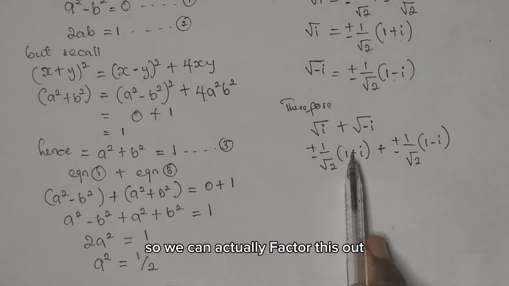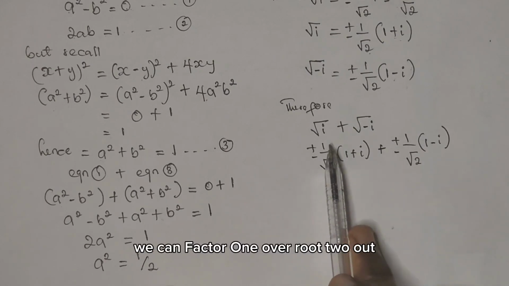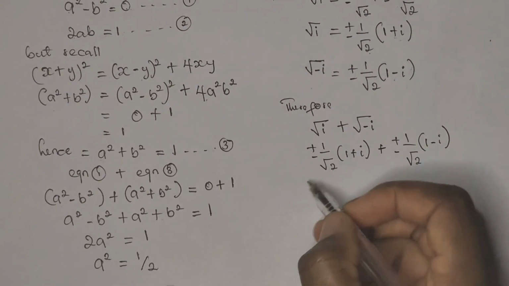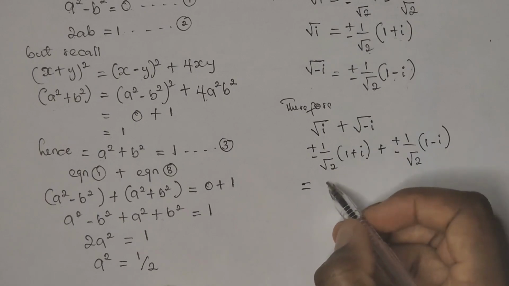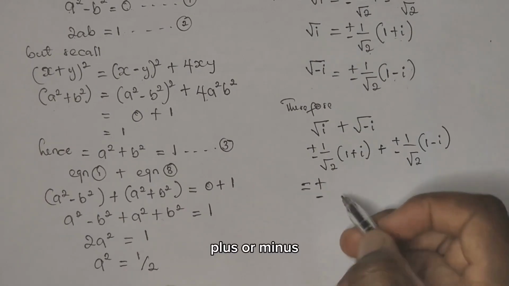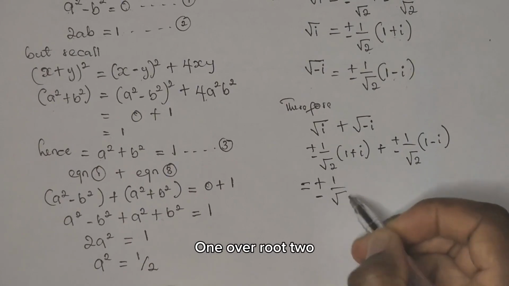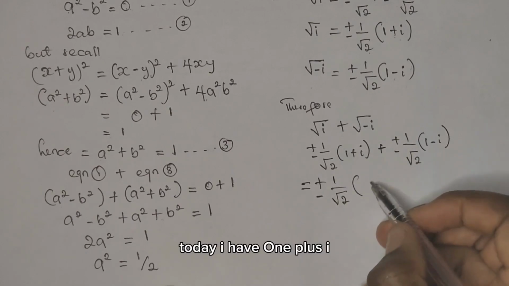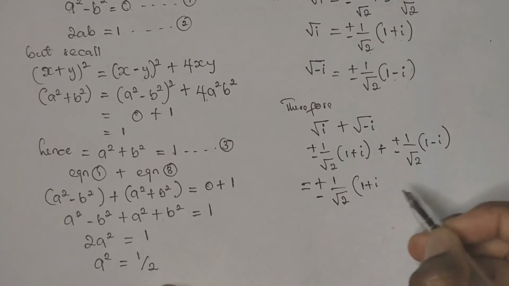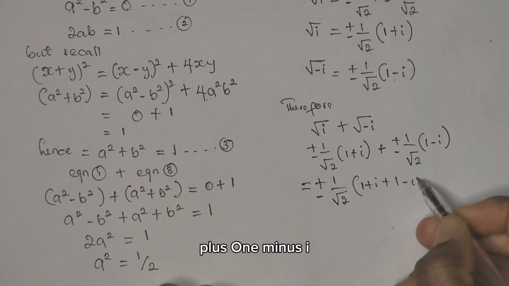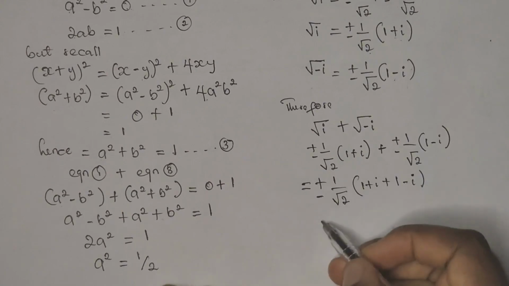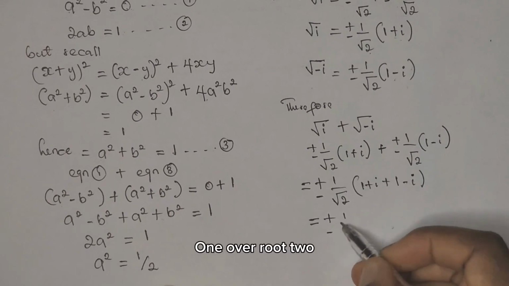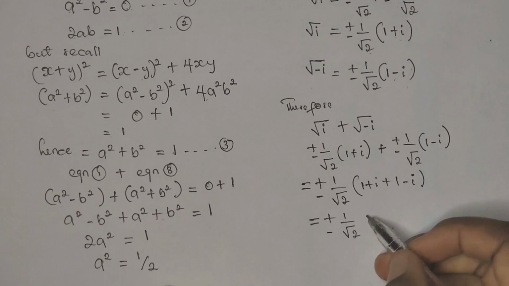We can factor 1 over root 2 out, so this will be equal to plus or minus 1 over root 2 times (1 plus i plus 1 minus i).